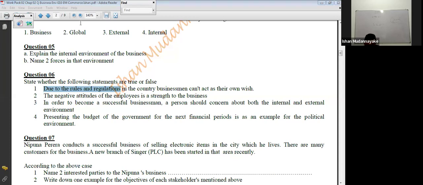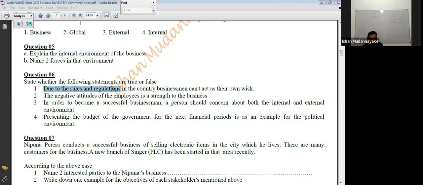Suwani, yes, the answer is correct. Shanuka correct. Nilupuli correct.